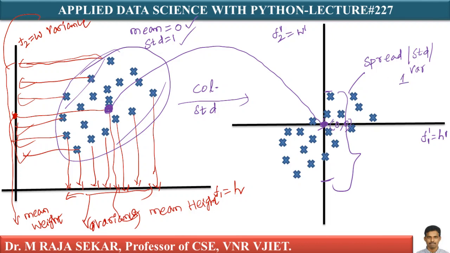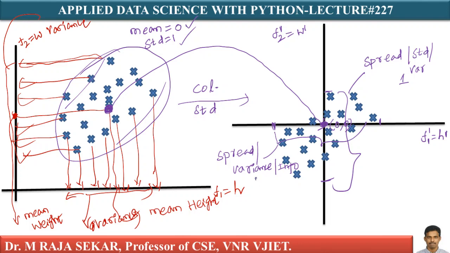On the weight axis, in a similar manner, what about the x-axis? This spread, or variance, or information, all of them have the same meaning.